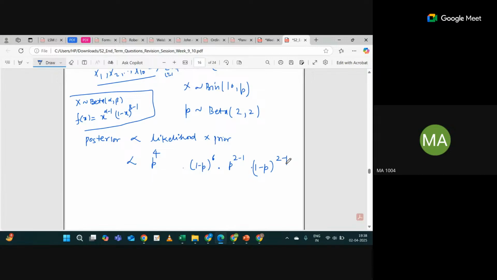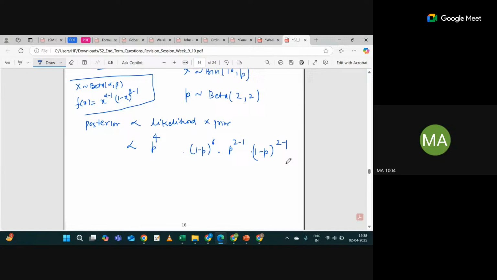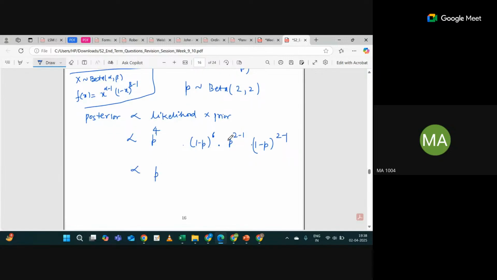Would you agree? So this posterior distribution is proportional to P raised power 4 plus 2 minus 1 and 1 minus P raised power 6 plus 2 minus 1. So it will be proportional to P raised power 6 minus 1 and 1 minus P raised power 8 minus 1.